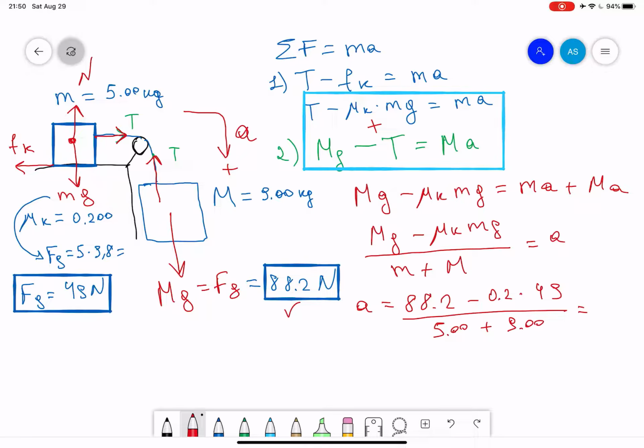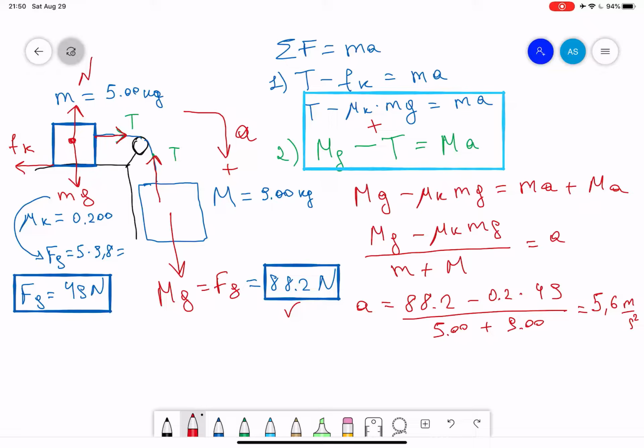If you do the calculation, you will find that the acceleration is 5.6 meters per second squared.